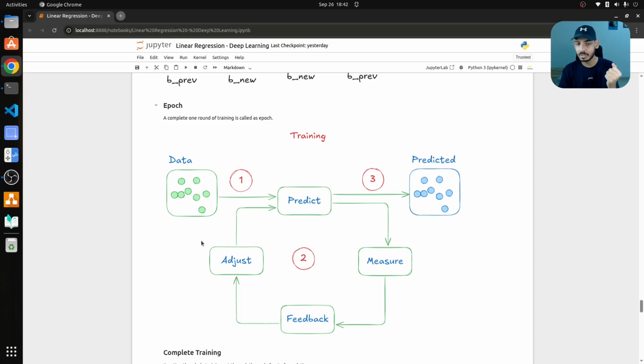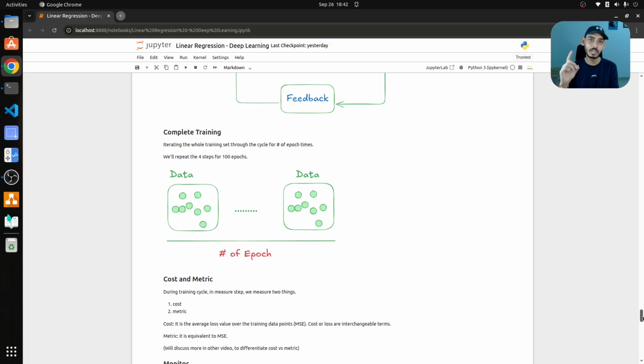Since we have done this for one complete epoch, if you have 100 epochs, we pass the data set 100 times and update the weights 100 times. By that time we'll also be calculating the MSE. It has to reduce over the 100 epochs. If it is not, then we have to look into other aspects of neural network training.